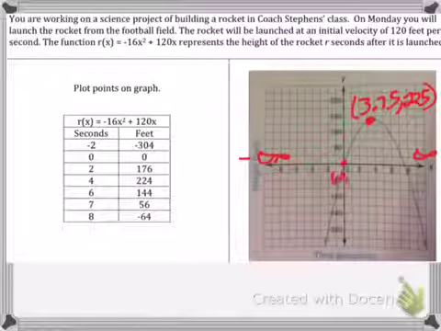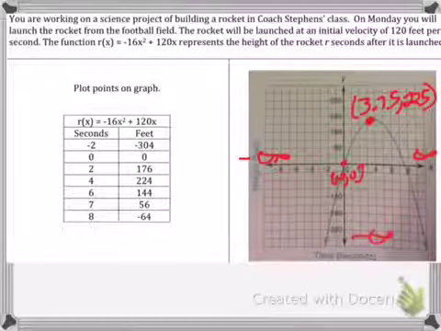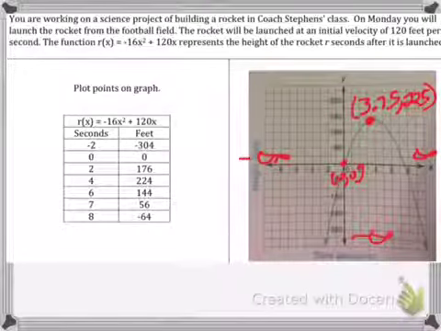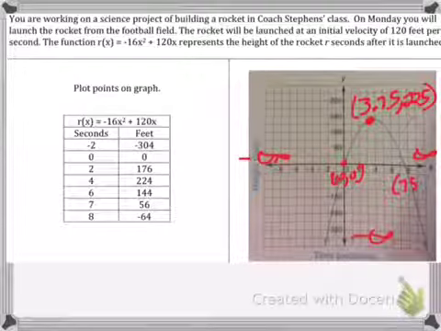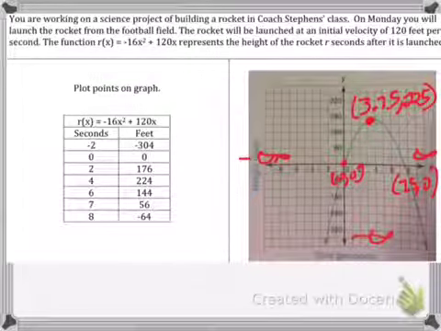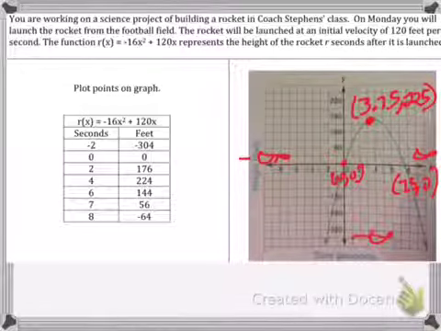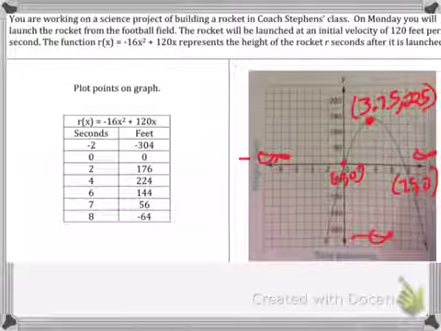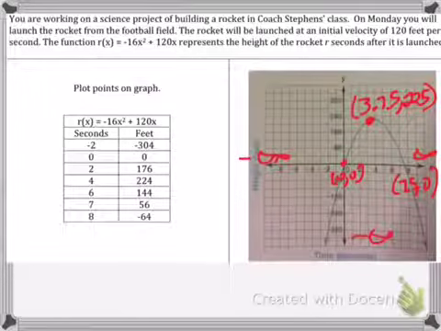We got 0, 0, and then we have over here 7.5 and 0. Notice that time in seconds is my x-axis and height in feet is my y-axis, and we have our table here and see our points that are on our calculator.